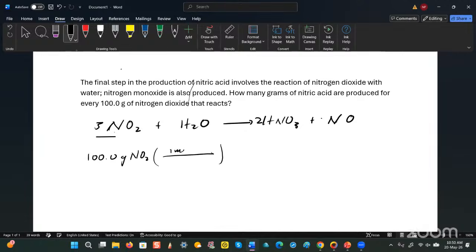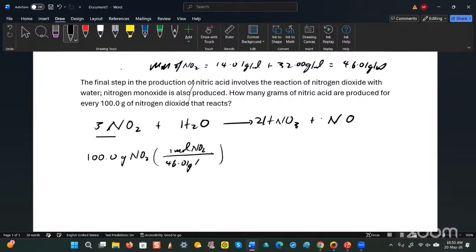So 1 mole of NO2 down here, and the molar mass of nitrogen dioxide, which would be 14.01 grams per mole plus 32.00 grams per mole, which would be equal to 46.01 grams per mole. So down here, I'm going to put 46.01 grams of NO2 down here, all right?